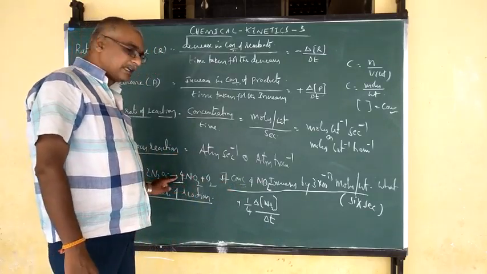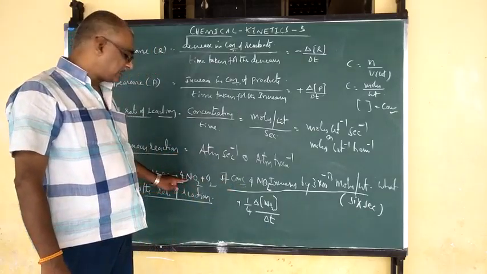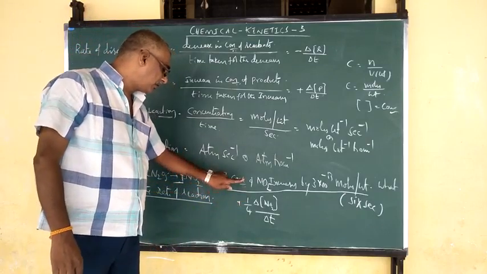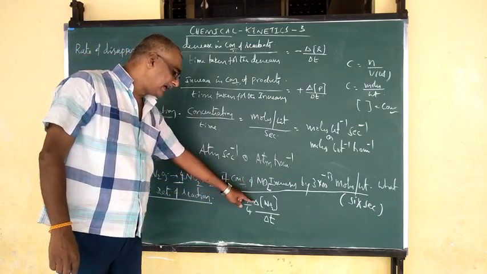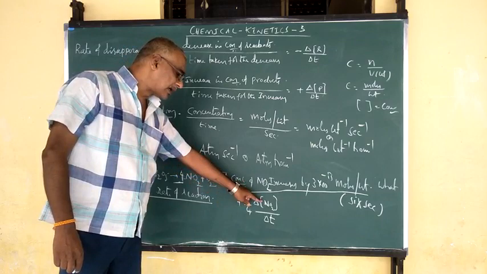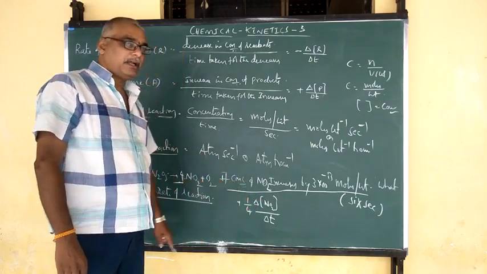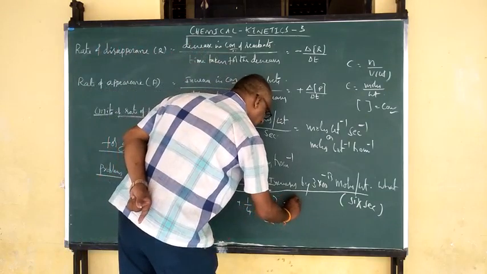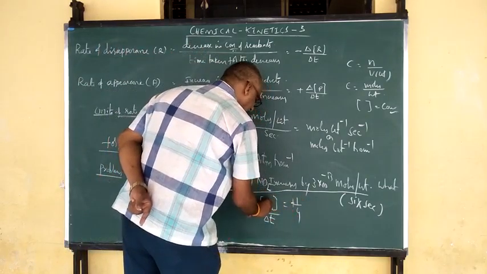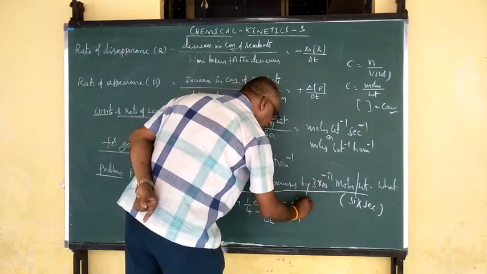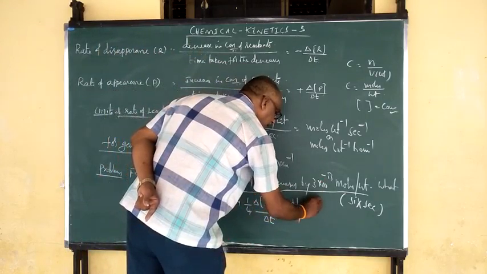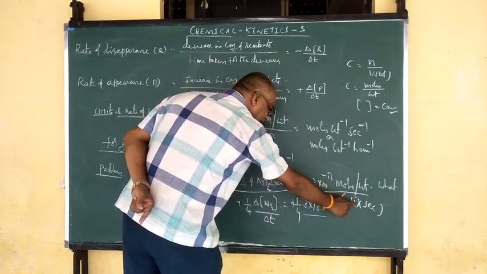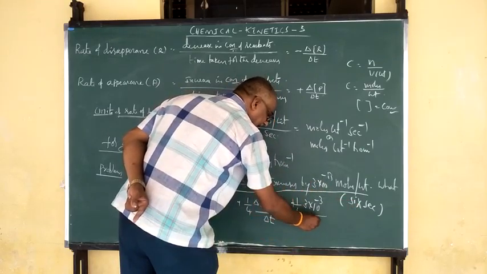Now according to this equation, the rate of appearance of NO2 means plus 1 by 4 delta NO2 concentration divided by delta T. Therefore, plus 1 by 4. What is the concentration of NO2? 3 into 10 power minus 3, divided by the time taken, which here is 6 seconds.